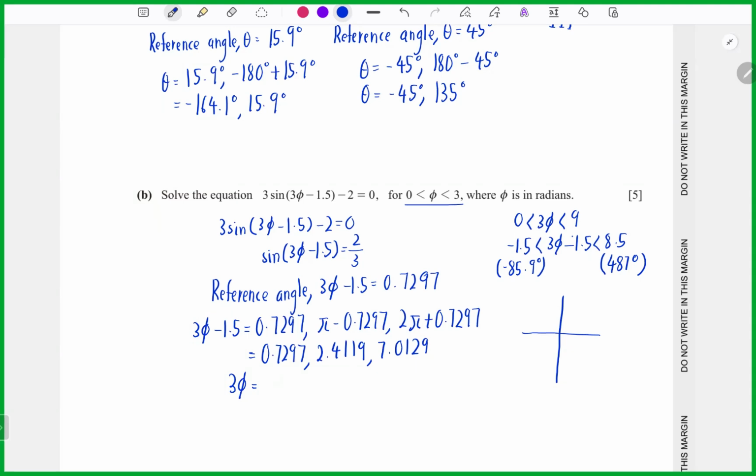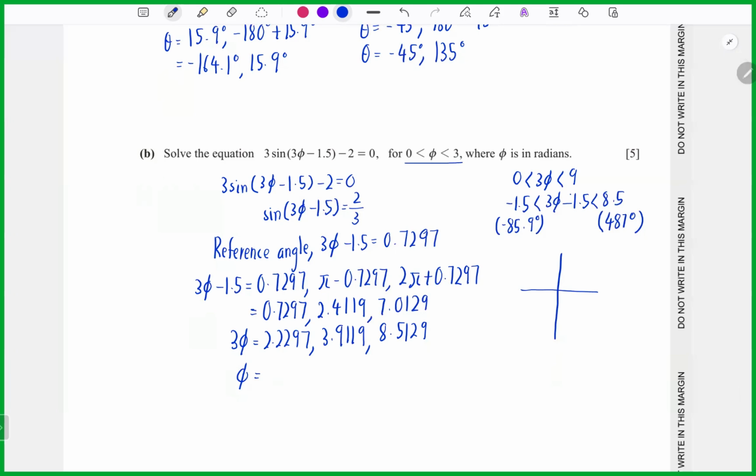Okay. 2.2297, 3.9119, 8.5129. Okay, now you can try to find the final answers.